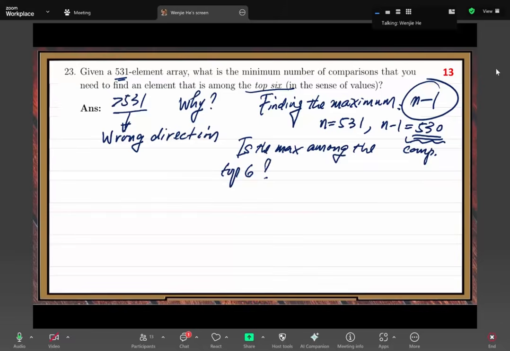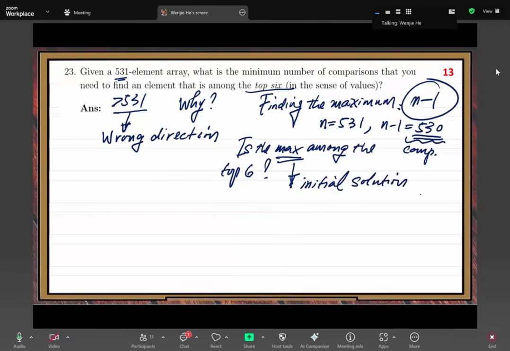The maximum, top 1, must be in top 6, right? So you can use the max as your solution, but not the best solution. Let me call it the initial solution, because it's not the best solution.